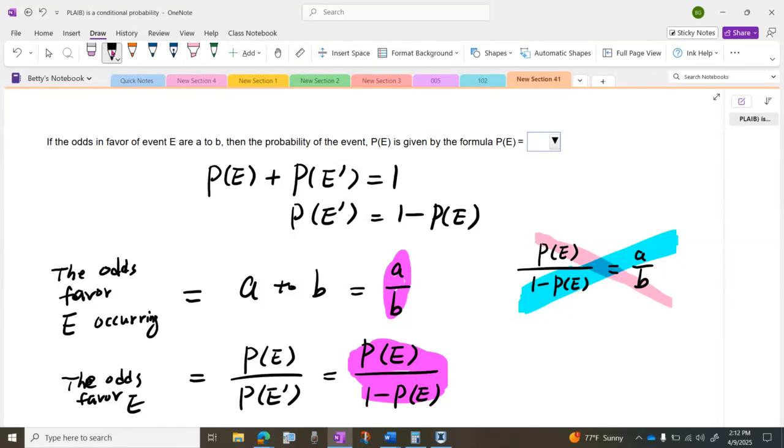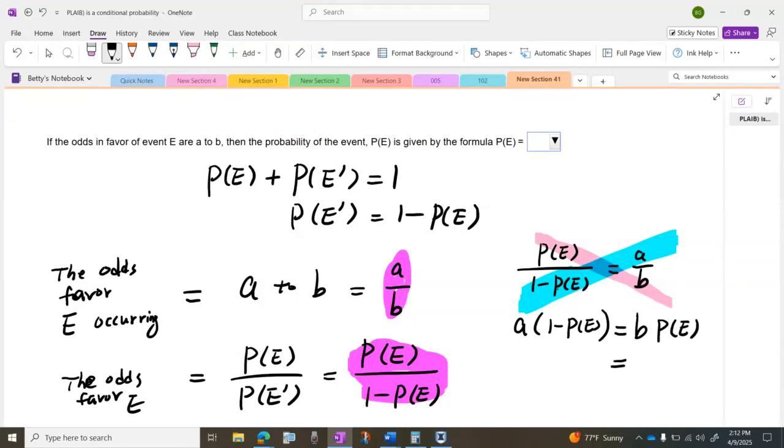Yeah, this is actually a challenging algebra problem. So we have A times 1 minus P of E, top right multiplied with bottom left, and let that equal bottom right times top left.